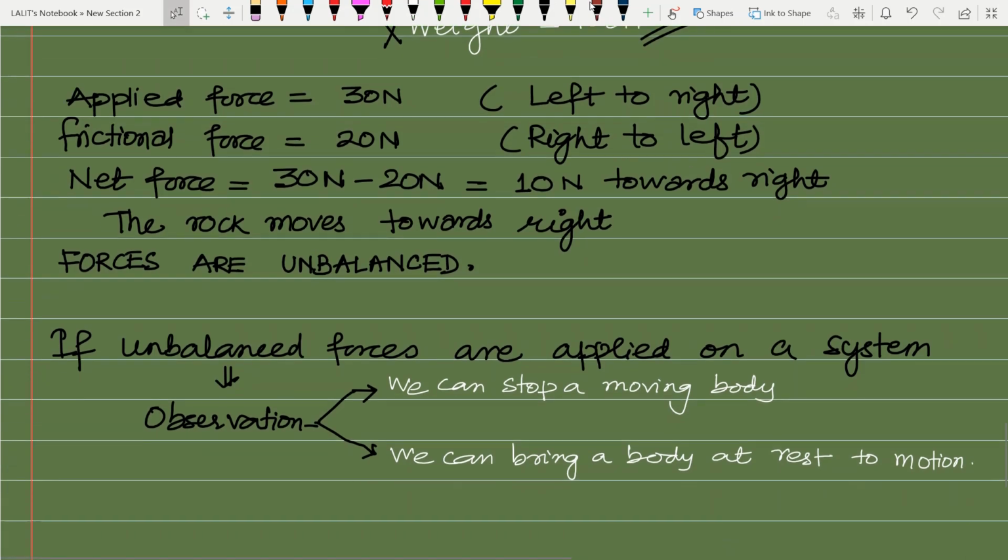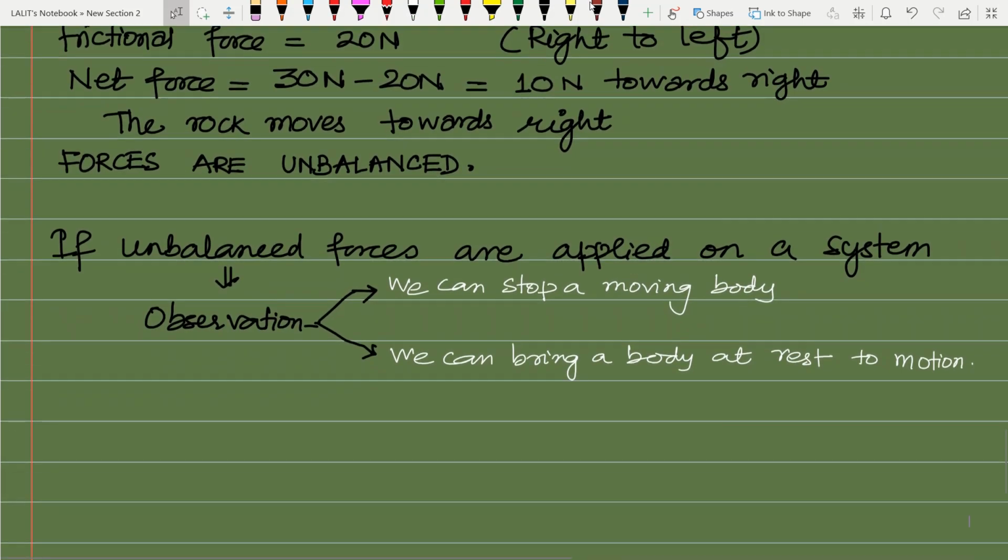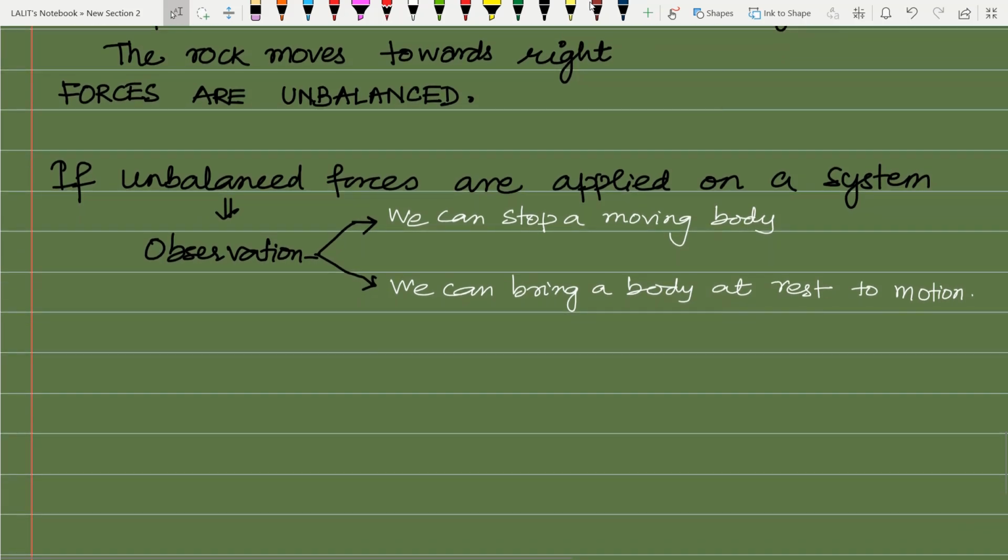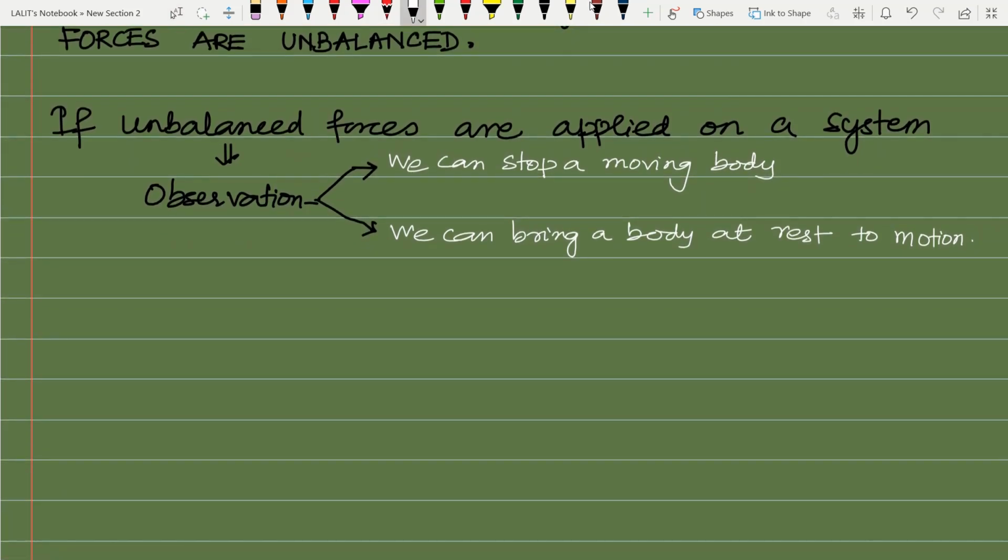So, what is necessary to change the state of motion in a body?